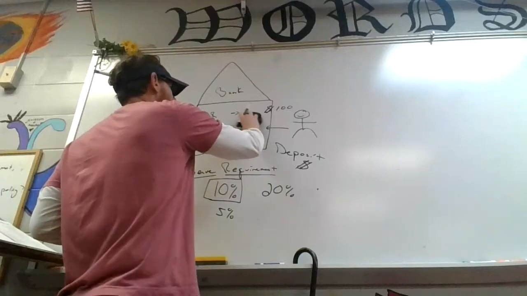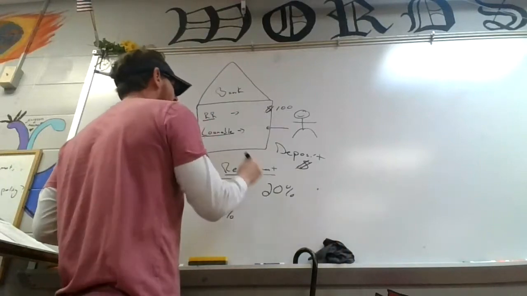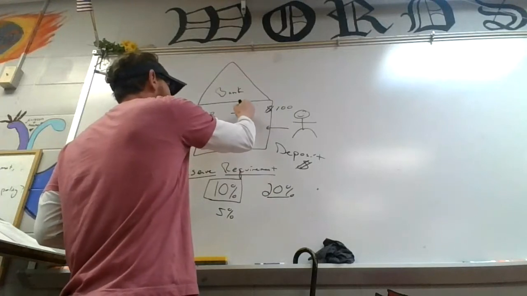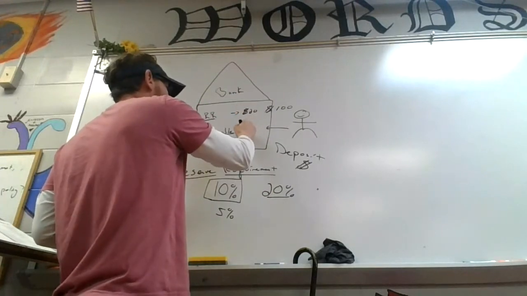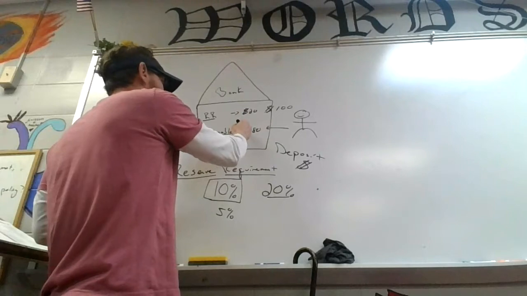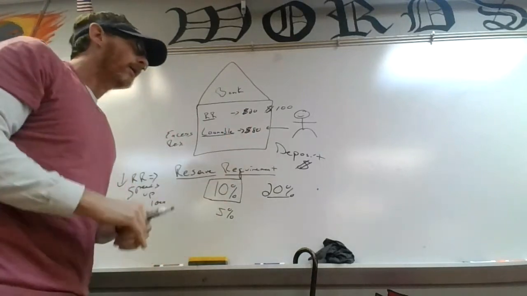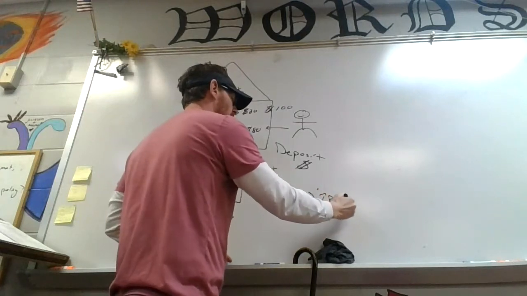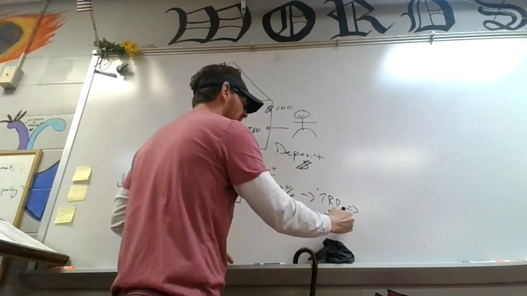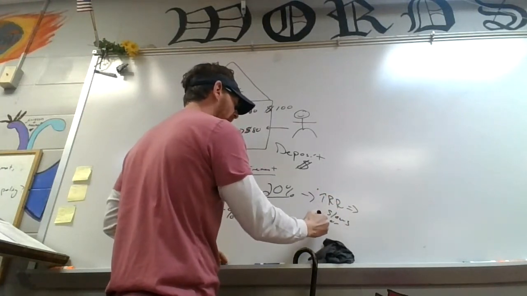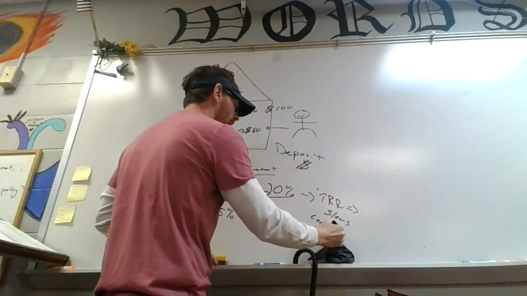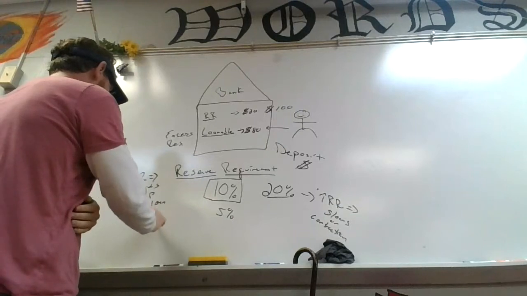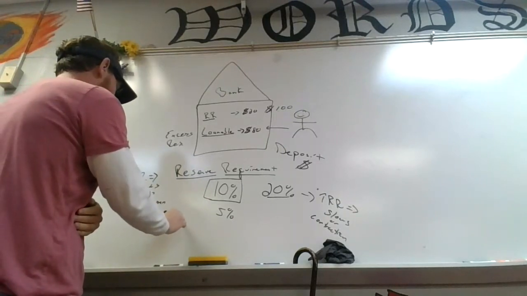If this $100 comes in and the reserve requirement is 20%, now they have to hold on to $20 and they can only loan out $80, which is less money to be loaned out. So that slows the economy down, right? So an increase in the reserve requirement slows our economy, or is contractionary. There's a contraction, right? This would be an expansion if we lower the reserve requirement.